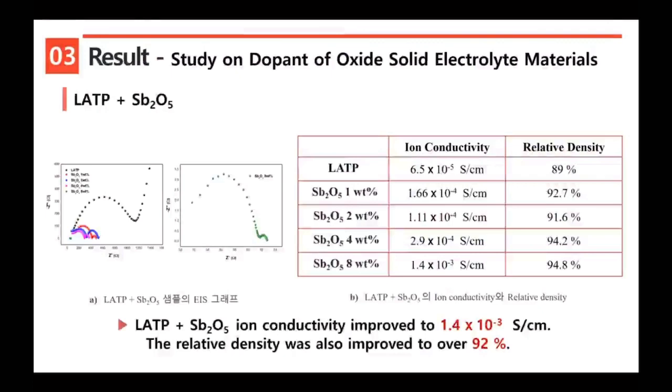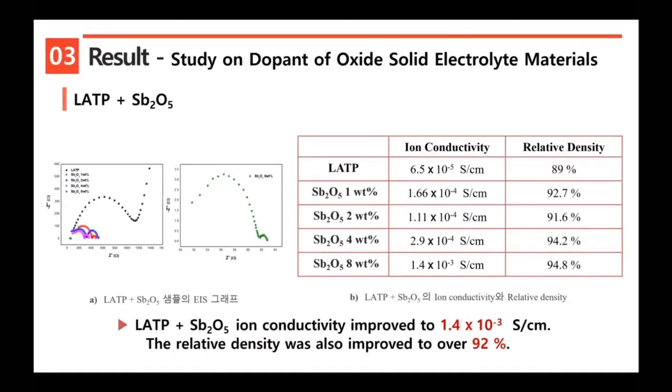However, an ideal solid electrolyte should show one semicircle plot when measuring EIS, but two semicircle plots appeared in all doped pellets. Also, unlike a typical solid electrolyte plot, an EIS plot was produced in which the second semicircle was much smaller.